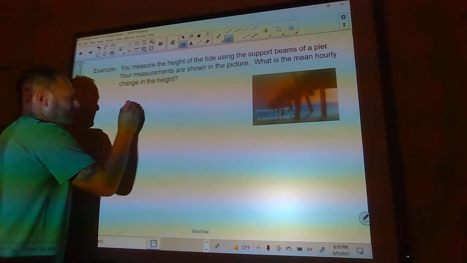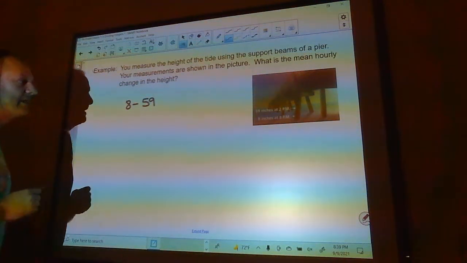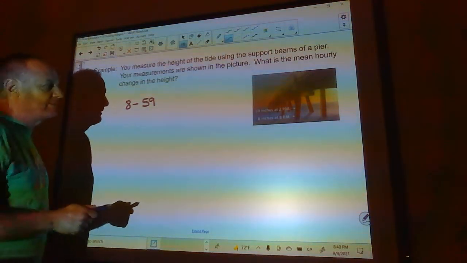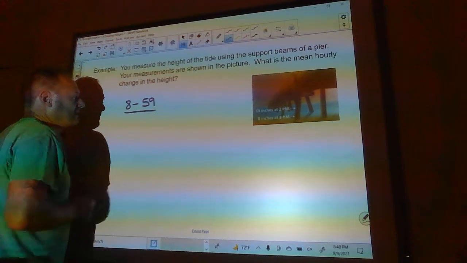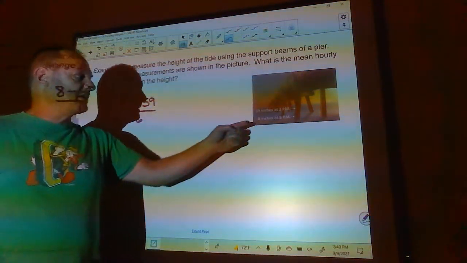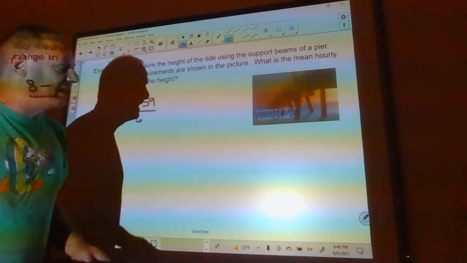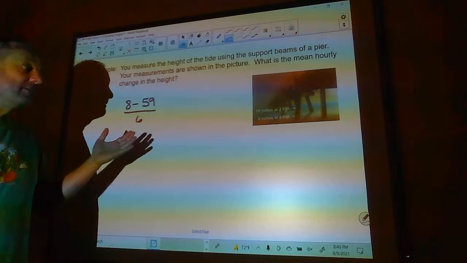So I got to go 8 minus 59, because that's what it was at 2 p.m. And then I'm going to divide by 6. Why 6? Because there's 6 hours between 2 p.m. and 8 p.m. Now you should know my answer is going to be negative.